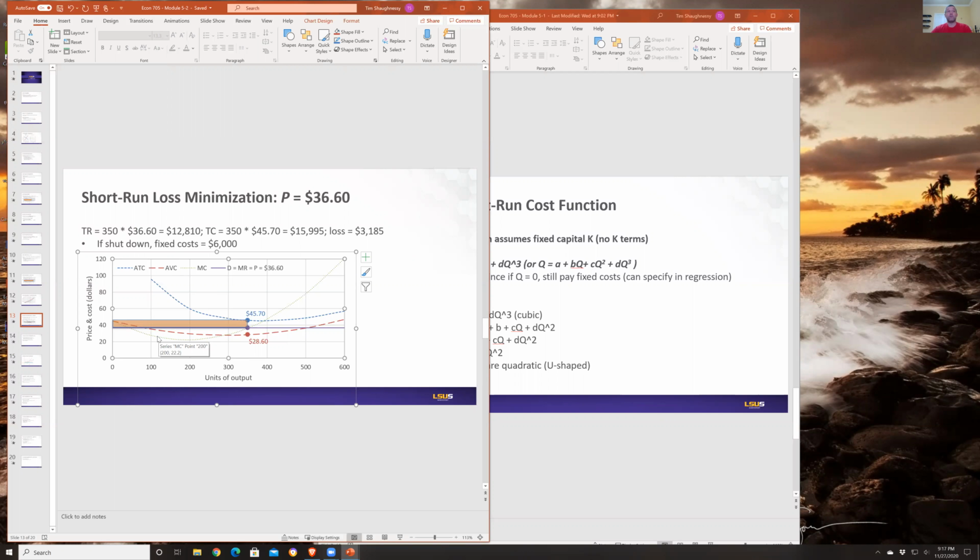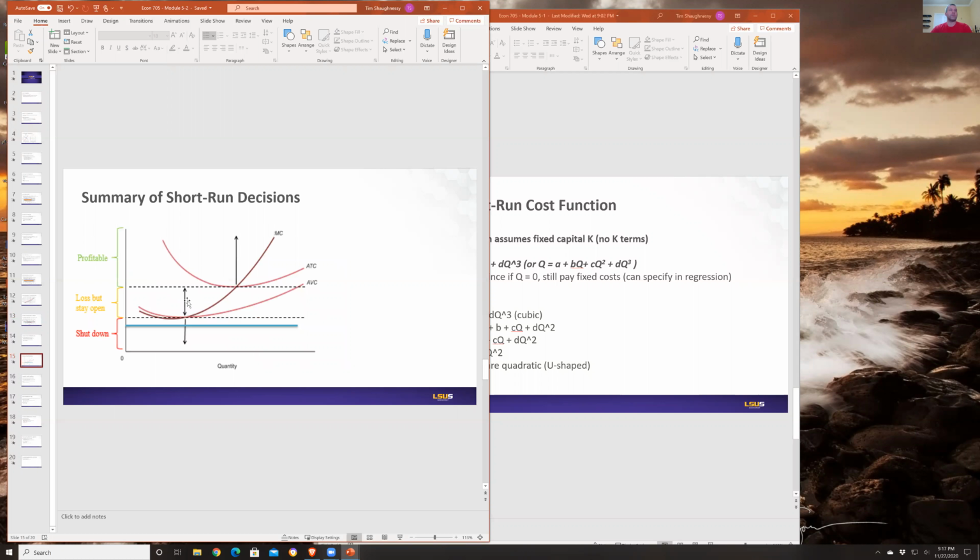So you could try a price of $23 or $24 and figure out what the loss would be, and your loss is going to be greater than the $6,000 if you did that. So let's see, a price greater than average variable cost and not greater than average total cost, that would be a situation where you'd have a loss, but you would stay open.